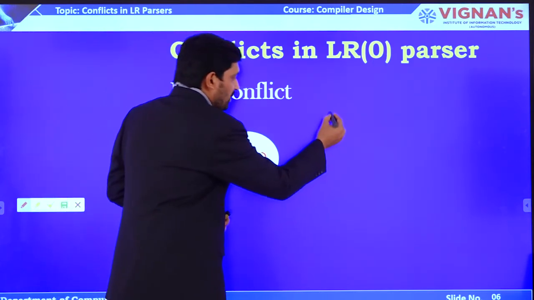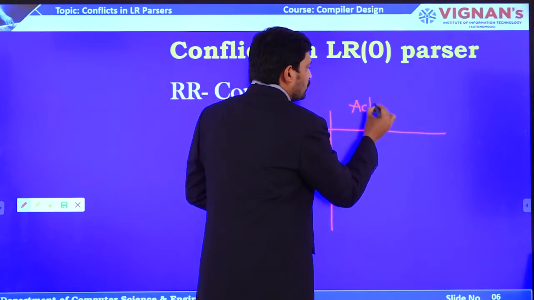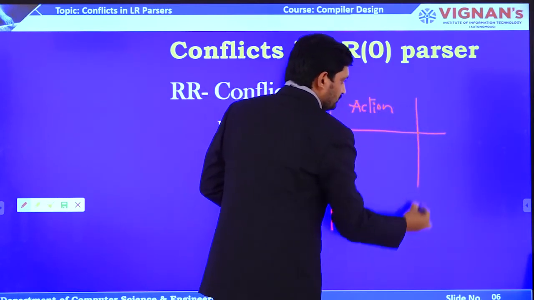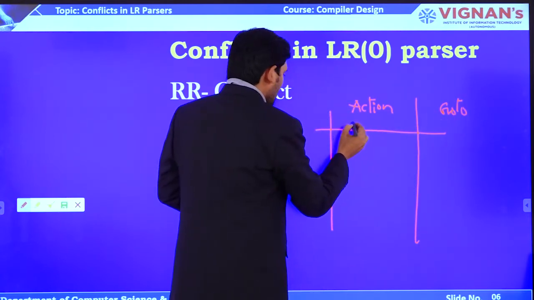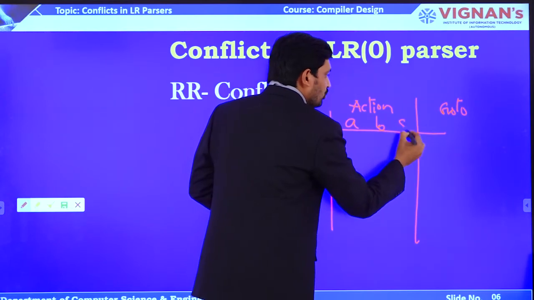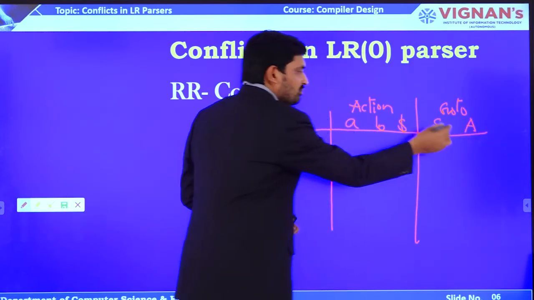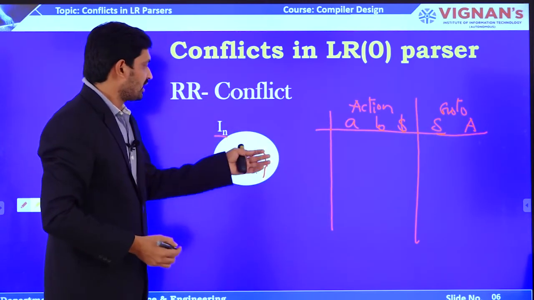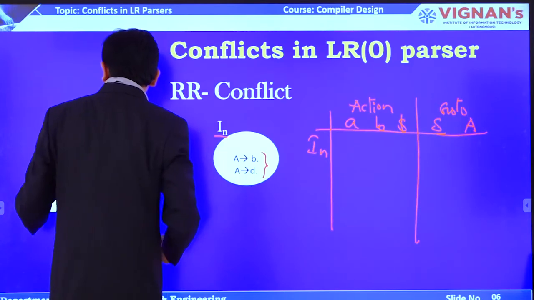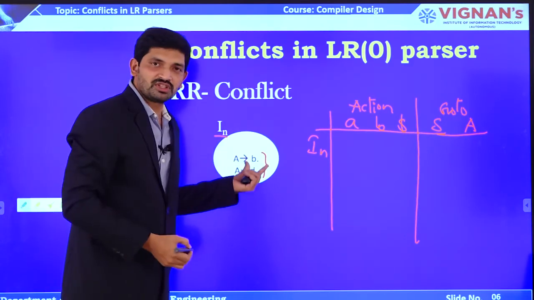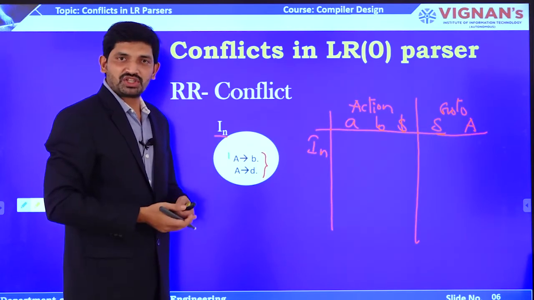Let us construct the parse table, which consists of action part and go to part, where action part consists of all the terminals and go to part consists of all the non-terminals. Here I write the non-terminals, and come to this state, I have to write IN. And because of this final item 1, I have to perform the reduction operation.